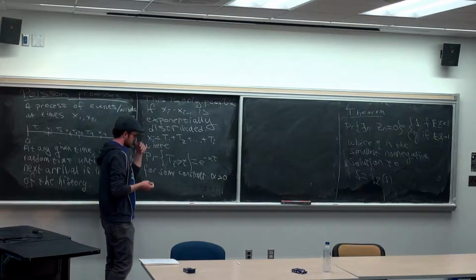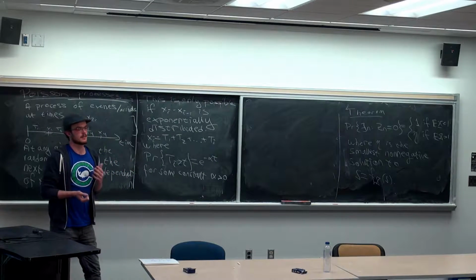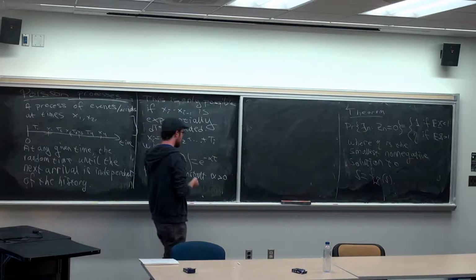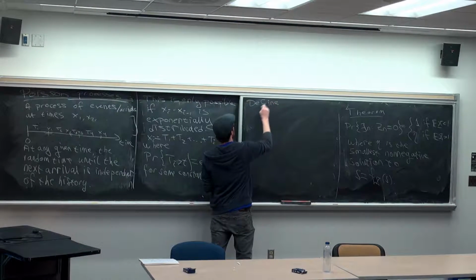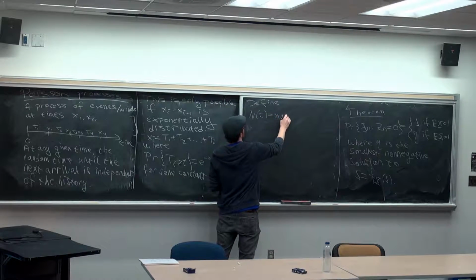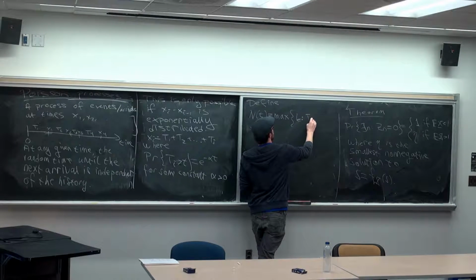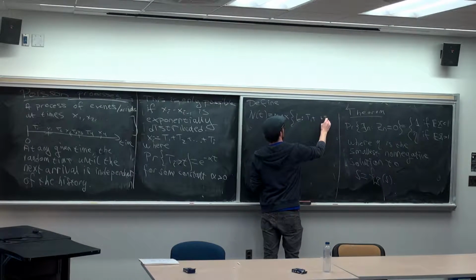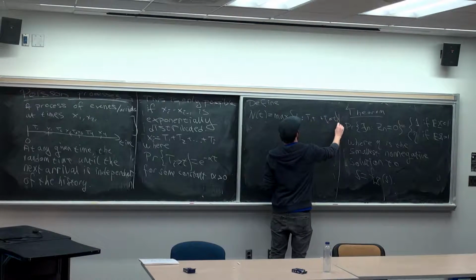So the variable that we're interested in is the number of arrivals in an interval of time. So define n of t to be the maximal k such that t1 plus tk is at most t.